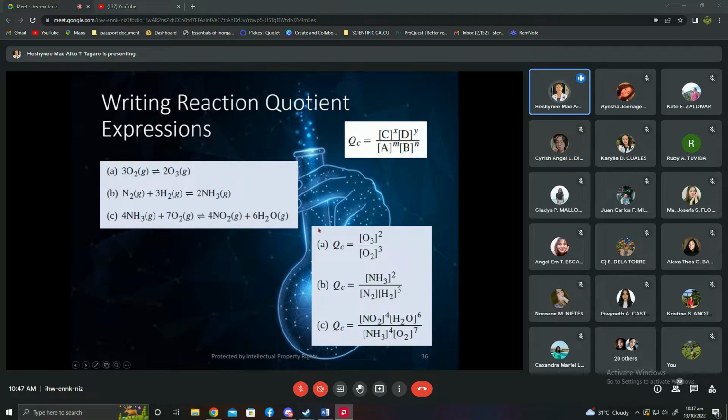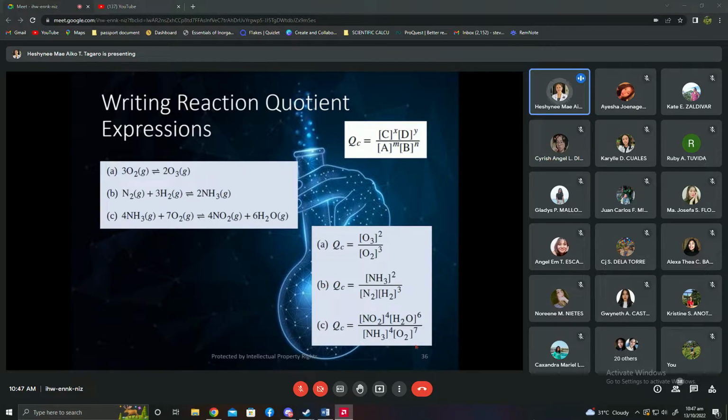Okay? So for letter A, of course, Qc equals the molar concentration of ozone raised to 2 over the molar concentration of O2 raised to 3. It's just the same, easy, right? Letter B is the same still. Product in the numerator, reactant in the denominator, and the coefficients become the exponents.